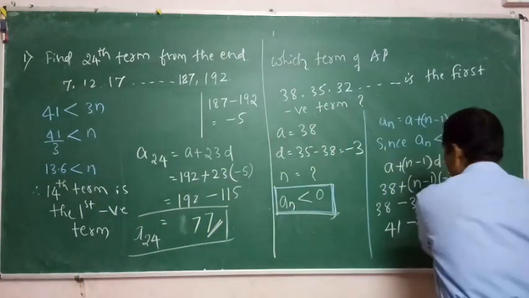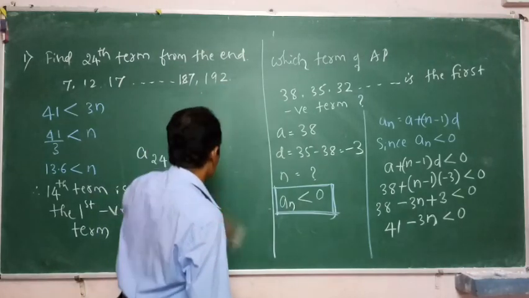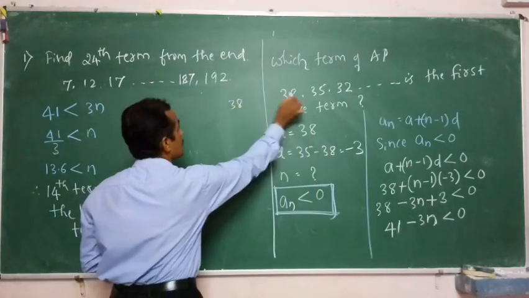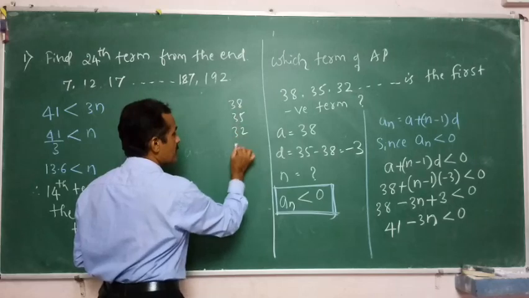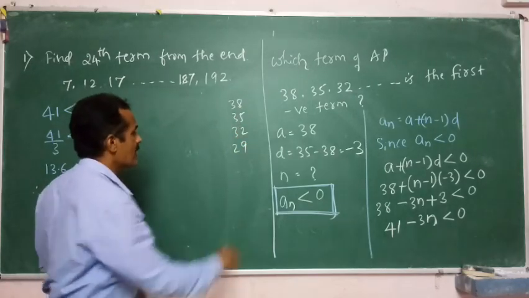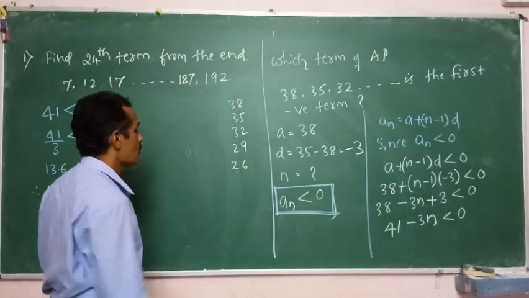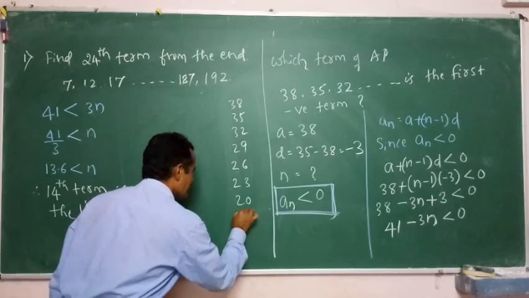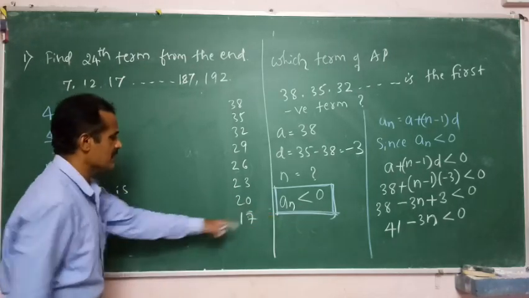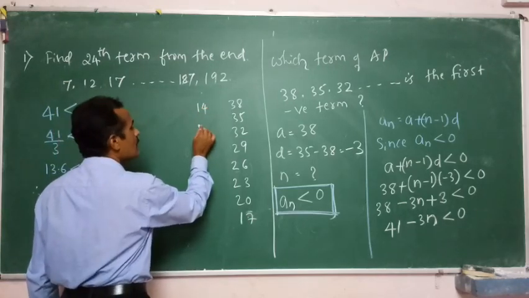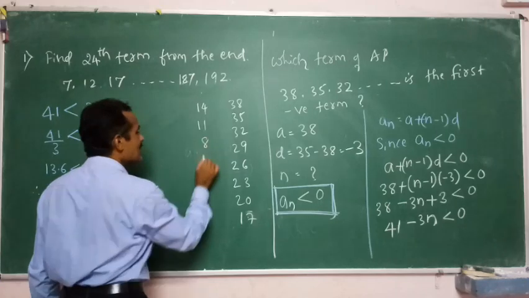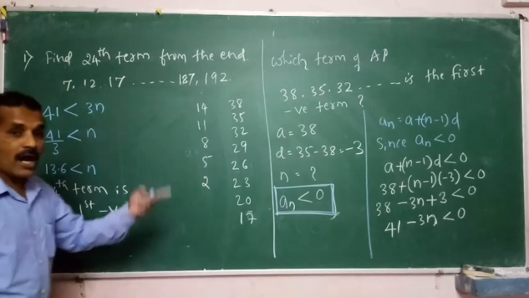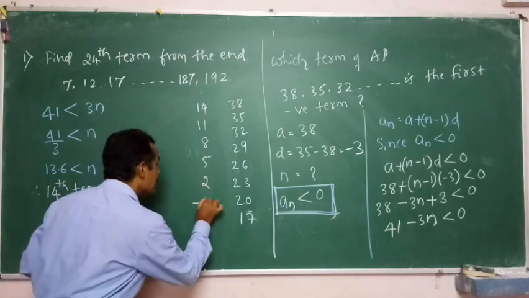Let me check whether my answer is correct or not. I will confirm it. 38, 35, 32, 3 difference. 29, 26, 23, 20, 17, 3 difference. 14, 11, 8, 5, 2, and after 2, it is 1, 0 and minus 1.